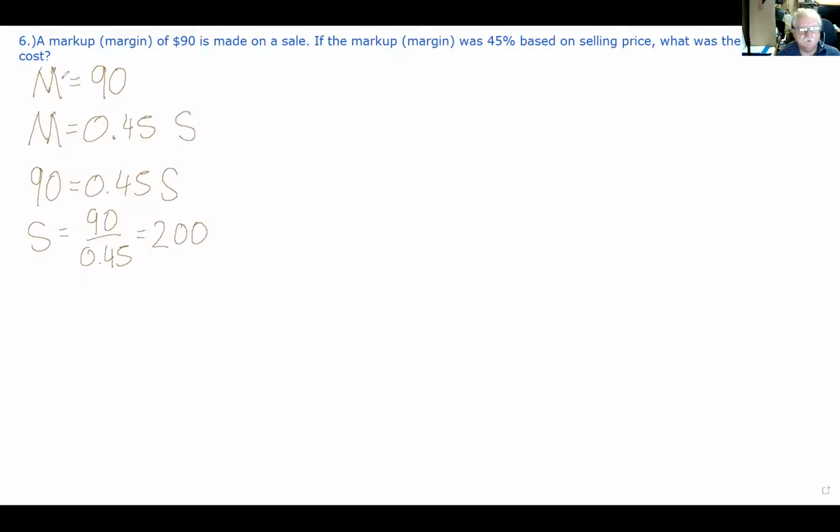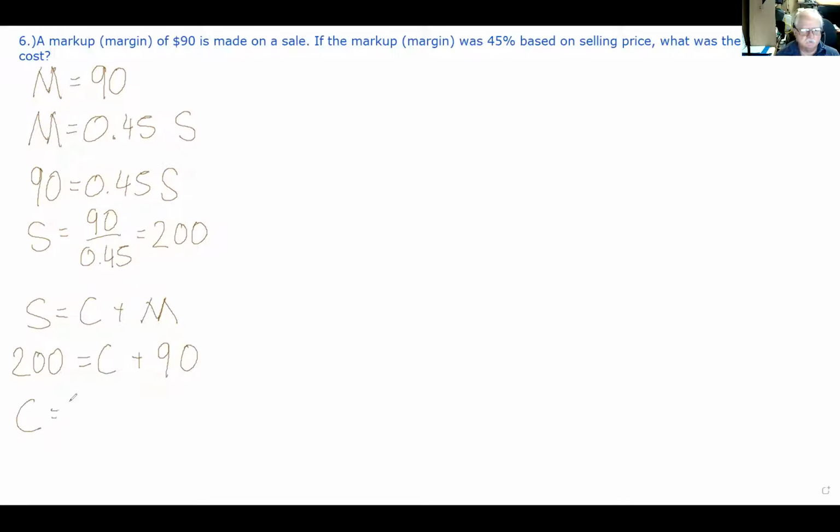So now that we know the markup and the selling price, we can go back to this equation. S equals C plus M, and S is 200, cost plus 90.